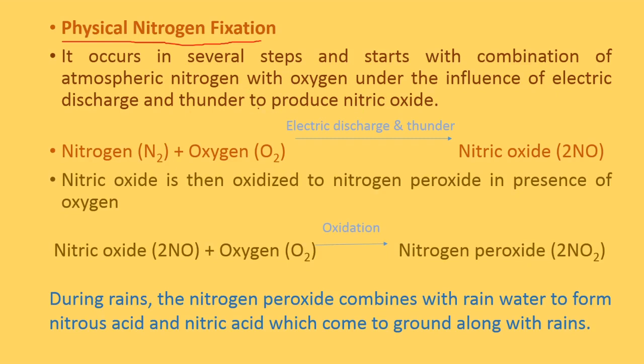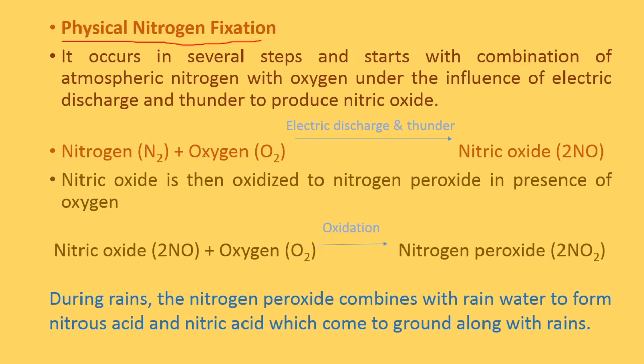This process takes place, suppose, in the rainy season when there is lightning, and electric discharge occurs. It is a step by step process, and we will see how it gets fixed.